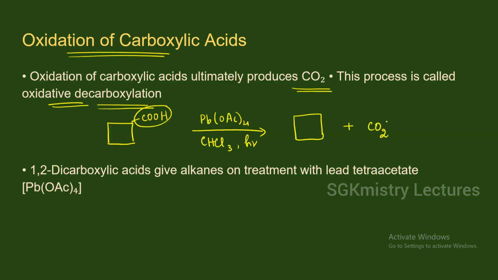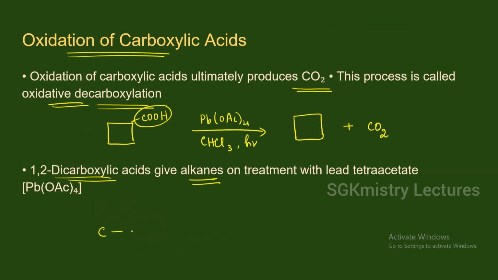Now, if you're talking about 1,2-dicarboxylic acids, they give alkenes. Because of the removal of the COOH groups on both the carbon atoms, that is, 1,2-dicarboxylic acid, both the carbons are attached to COOH groups. On treatment with lead acetate, the CO2 groups are removed, and because of which you get the alkenes as the product.